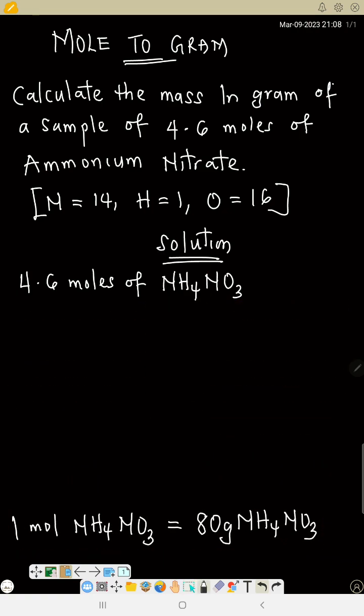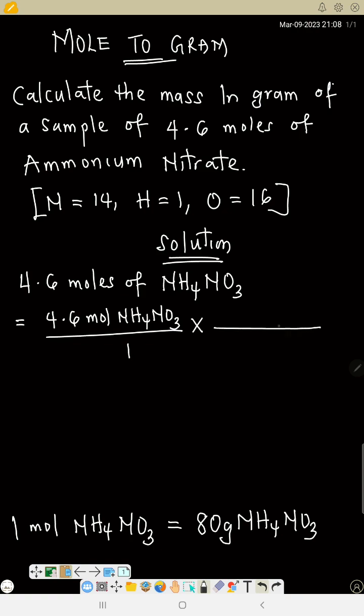So now in the question, 4.6 moles of ammonium nitrate will now be equals to 4.6 mole ammonium nitrate divided by 1 times 1 mole of ammonium nitrate.